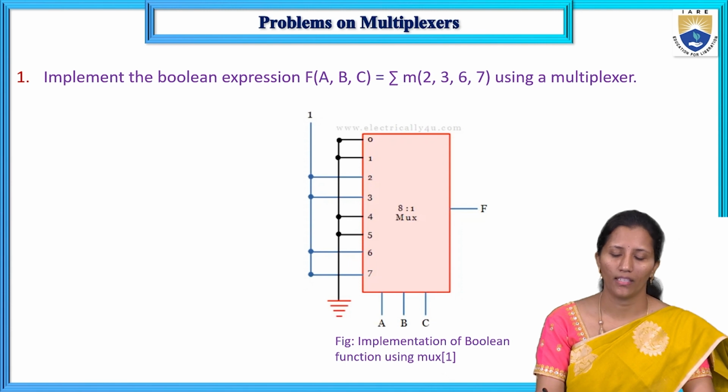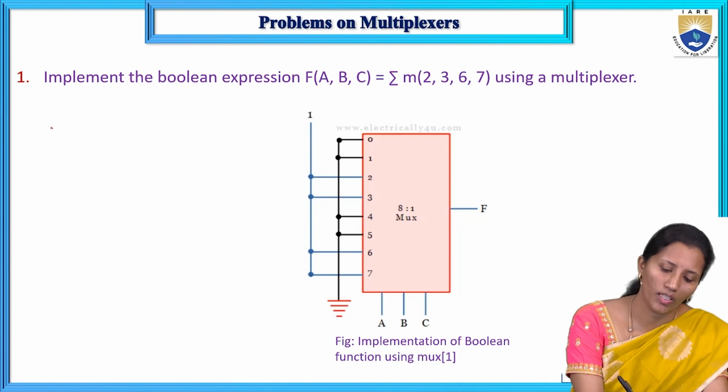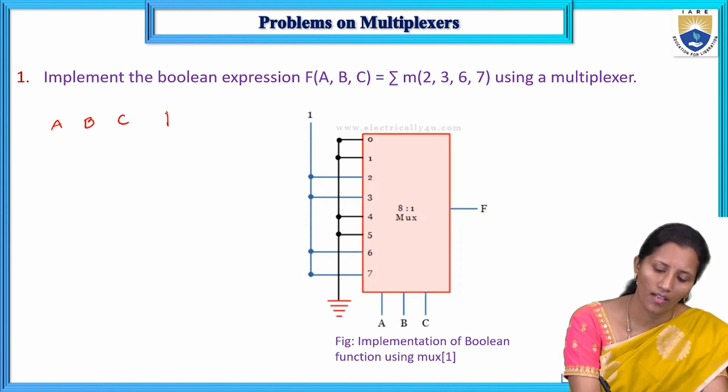Implement the boolean function f of a, b, c equals sigma m 2, 3, 6, 7 using a multiplexer. First we write the truth table, where a, b, c are inputs and f is the output.